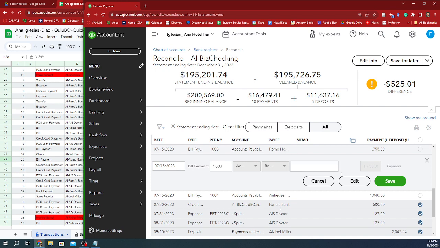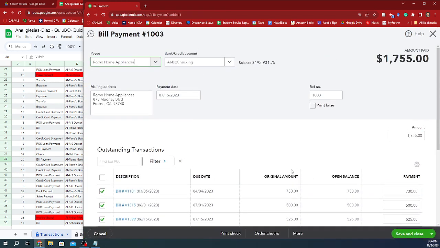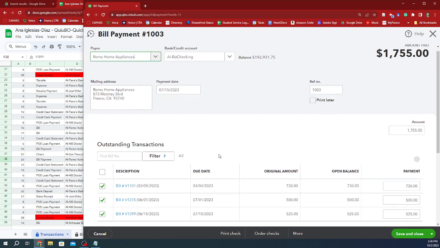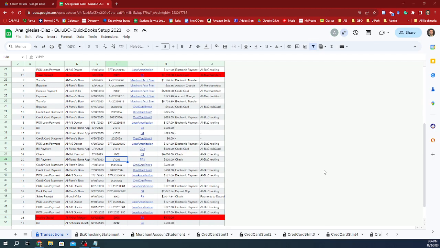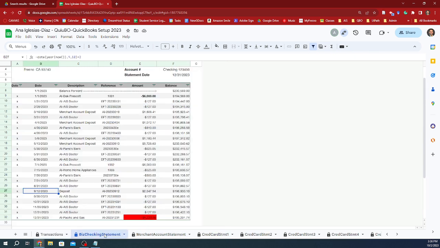So I don't know how this payment came through. Like this shows that Romo Home Appliances paid all this. Is there something wrong? I think you were trying to make this payment from July 15. Let's go back to your biz checking.